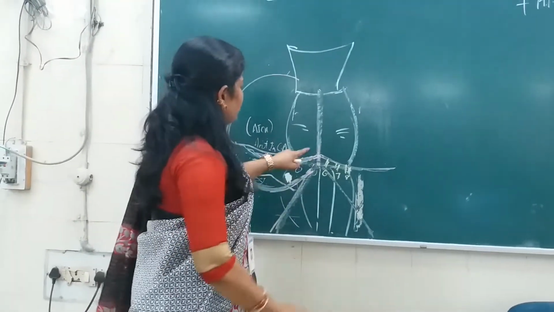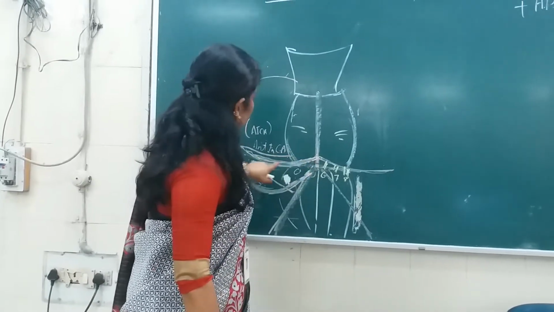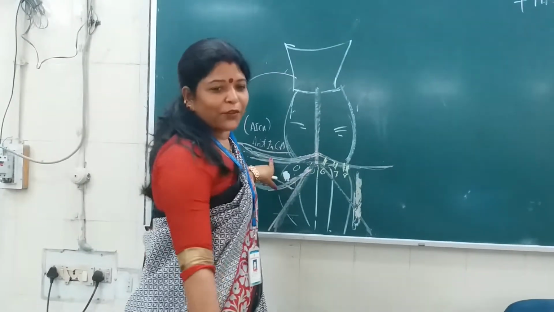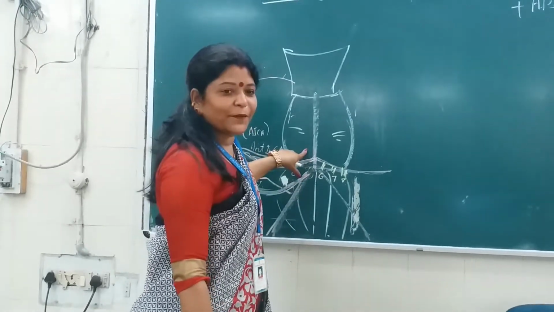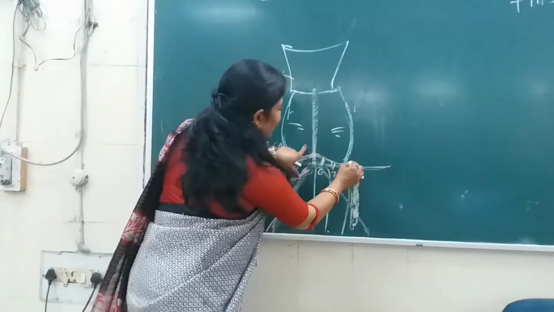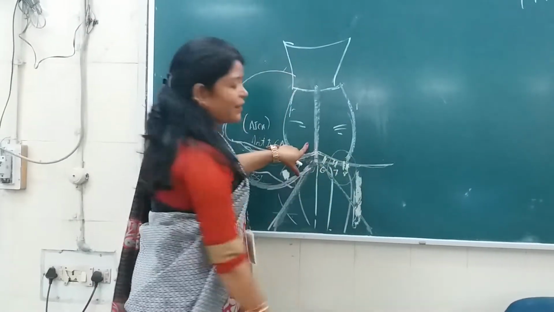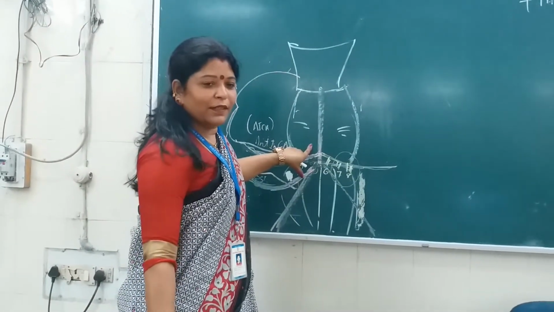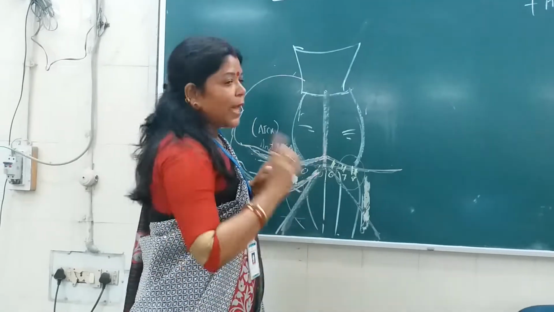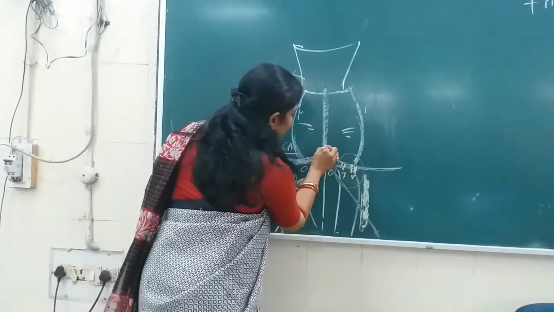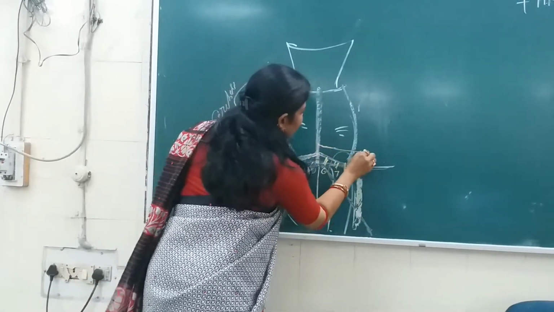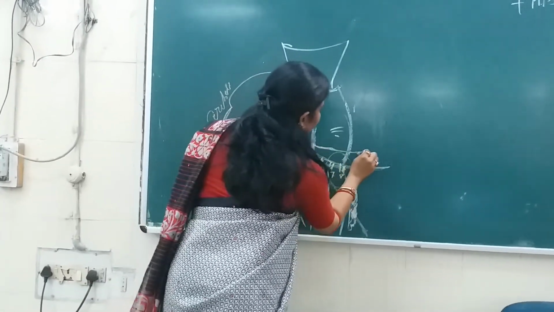Correct? Now, just superior, above this AICA, or anterior-inferior cerebellar artery, what is the most important branch here, which will be related with these two cranial nerves? Very good. The labyrinthine artery. What artery arises just above this? A long slender branch arises from the basilar artery.